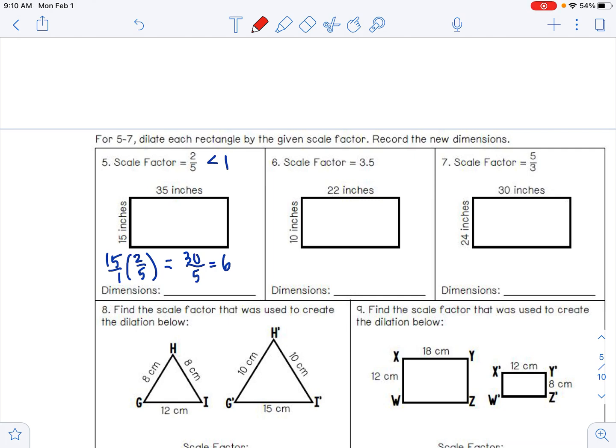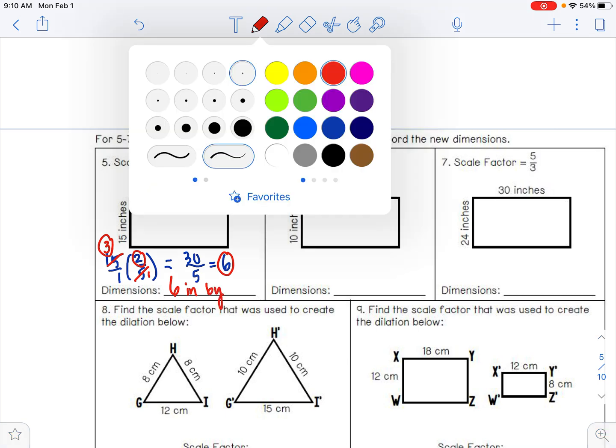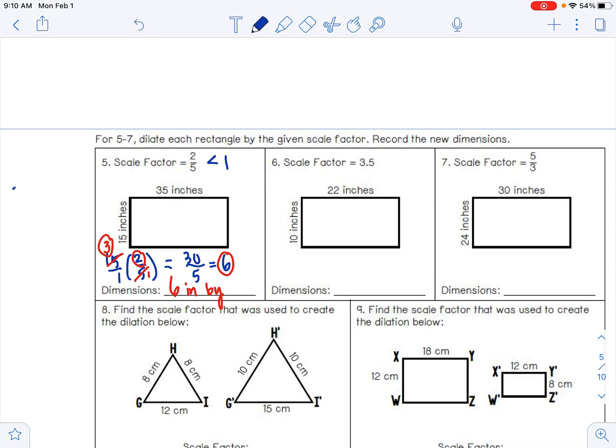So I notice 15 and 5 have a common factor of 5. When I divide by 5, it simplifies to this. And now I'm just multiplying 3 times 2 and getting that same 6 because my denominators are both 1. So I can do this just as easily without a calculator as you can with a calculator. Again, I don't mind you using a calculator. So 35 times my scale factor of 2/5.